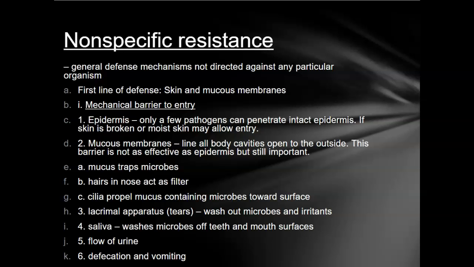It does aid. The mucus that it produces traps things, and the hair filters things. The cilia keep the mucus moving out of places. Tears wash things out. Saliva helps, as do urinating, defecating, and vomiting. All of these are forms of non-specific resistance.